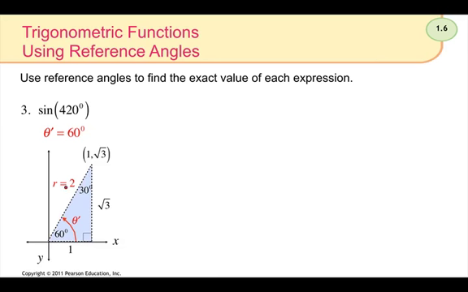If this is the side opposite the 30 degrees, it is the short side. So if this is 2, this is half, and this is radical 3, something you have seen in a previous section. So you know that the x value is 1, the y value is radical 3, and the radius is 2. Apply the definition of sine, substitute the y and the r, and we're done with number 3.